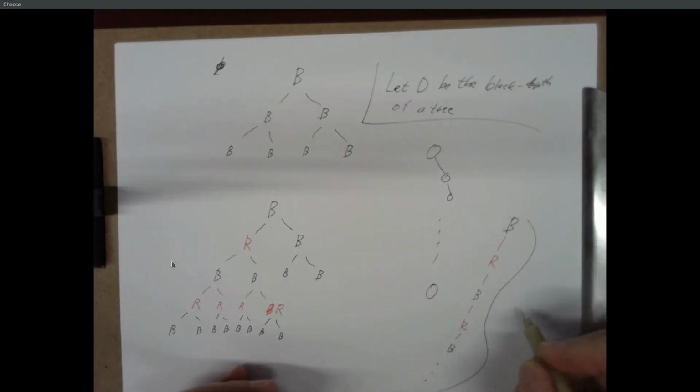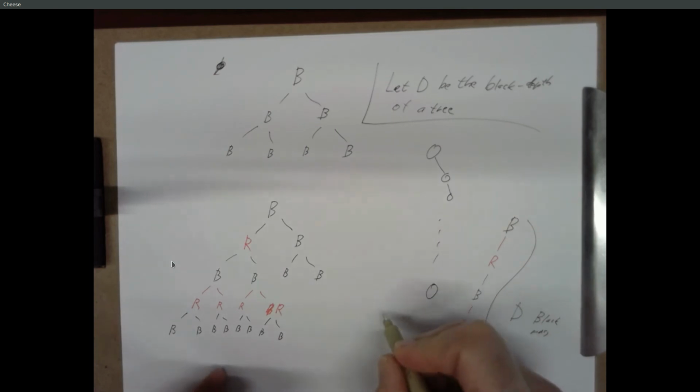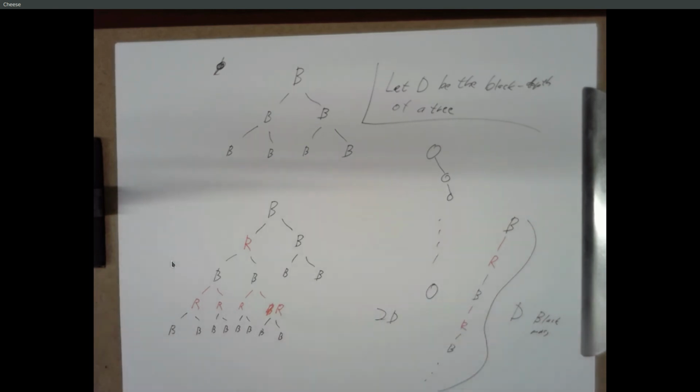If we do this until we have D black nodes, the total length of this is going to be 2D. So that's how bad the tree can get. It's possible that the shortest path from the root to a leaf node has only D nodes, and the longest path has twice as many. But it's still a red-black tree.